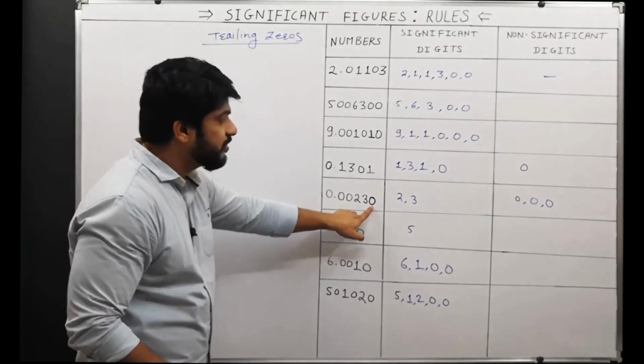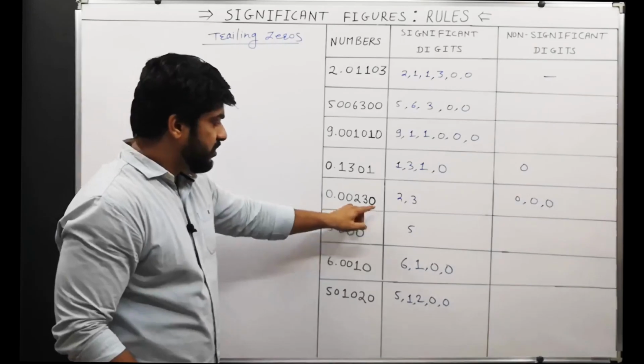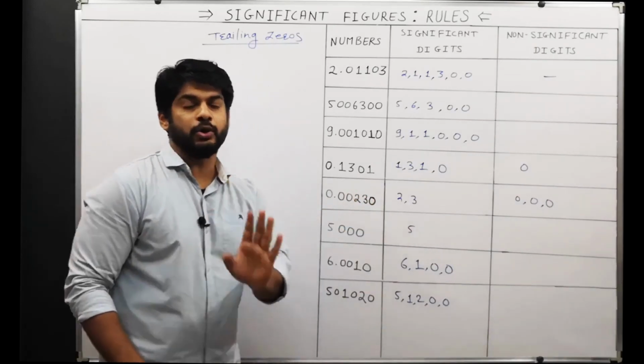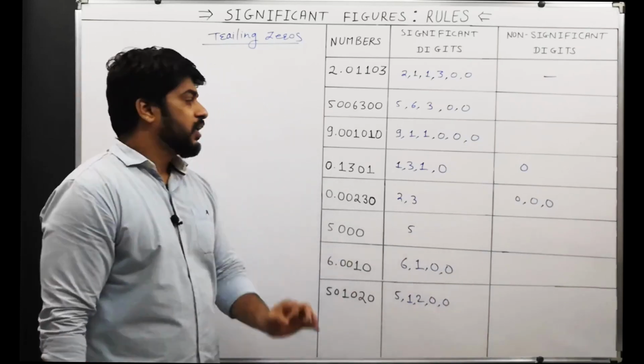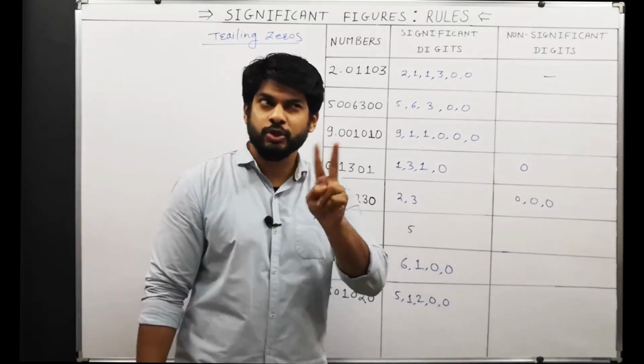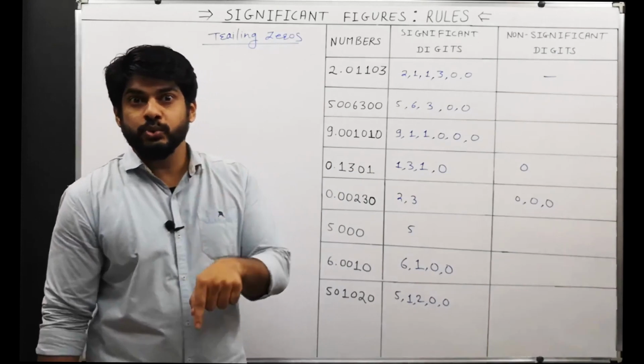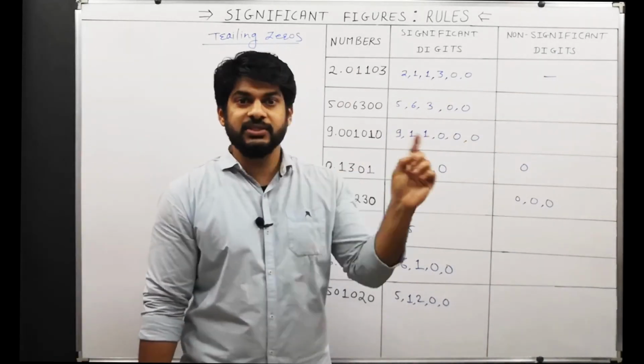Now this one is remaining. This is the trailing zero. We haven't talked about trailing zeros yet. So the next two rules are about the trailing zeros.